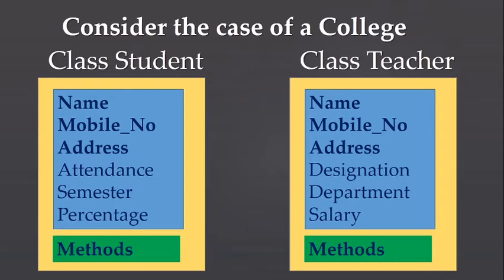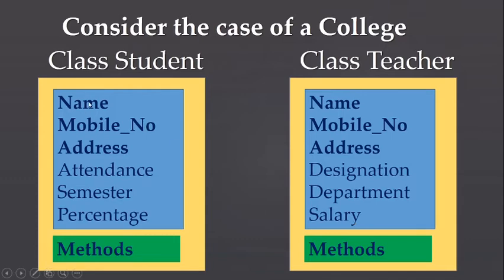For simplicity, we have shown the variables of both the classes. We have not shown the methods. For the class Student, we have name, mobile number, and address, then attendance, semester, and percentage as the variables. And for the class Teacher, name, mobile number, address, designation, department, and salary as the variables.